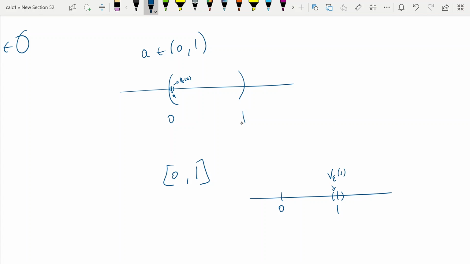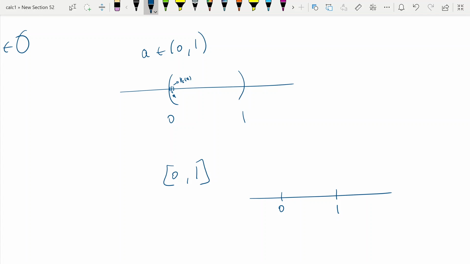No matter how small it is, you're always going to contain elements that lie outside of the interval, because that's exactly like being at the border. And so you're going to pick up some things that are on the other side.